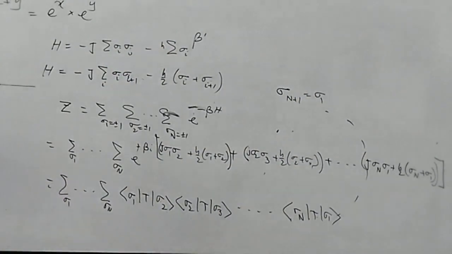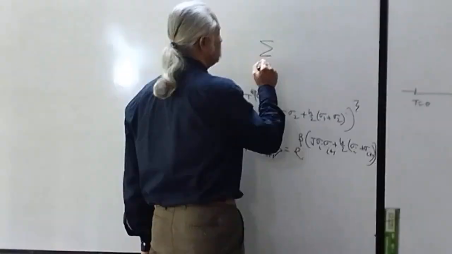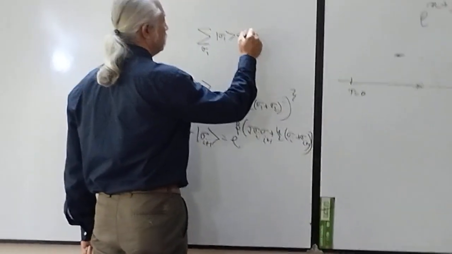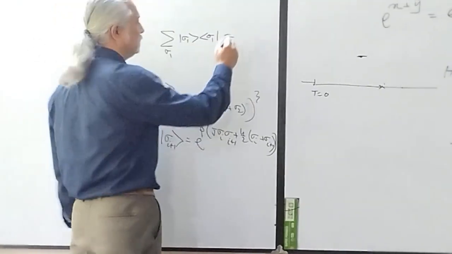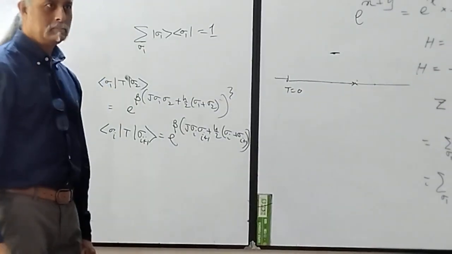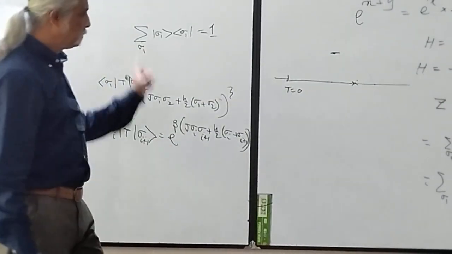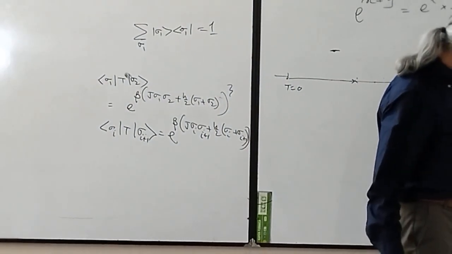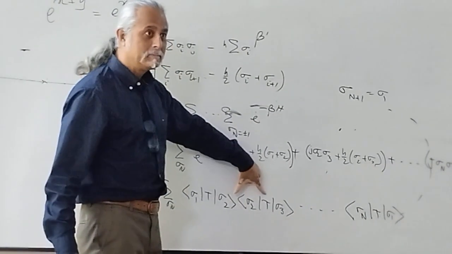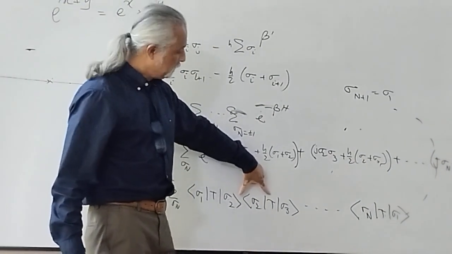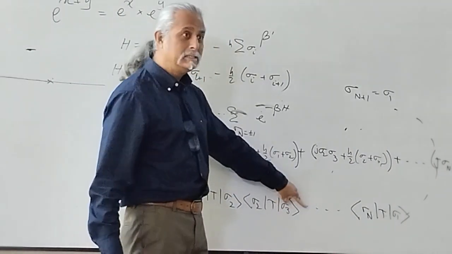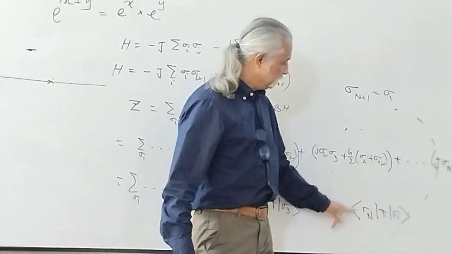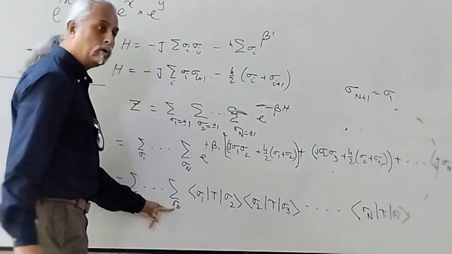That is, we know the sum over sigma 1 equal to what? In the last class I proved it. Then this is 1, and you have T squared, then sigma 3 gives T cubed, and so on and on up to sigma n, and the sums will go away.